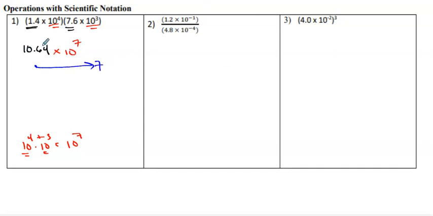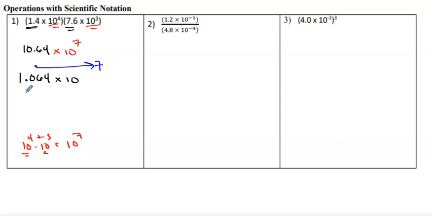Alright, well, like I said before, you can't put a double digit in scientific notation. So really this needs to be 1.064, not 10.64, times 10 to the, well, now I'm no longer moving it 7 units over.